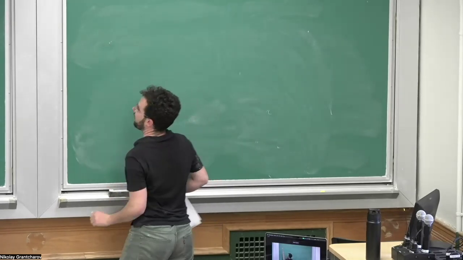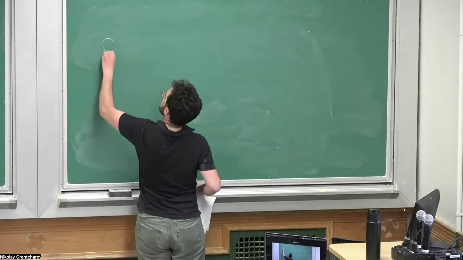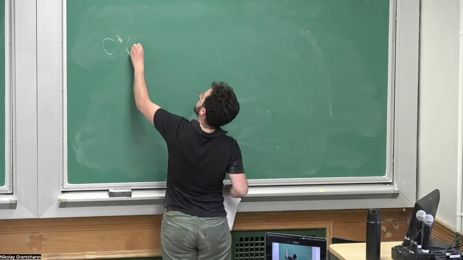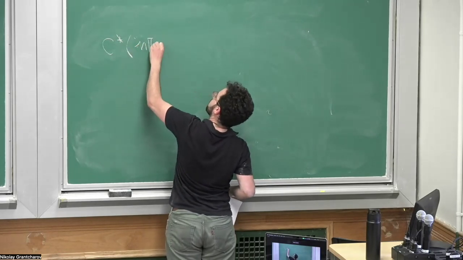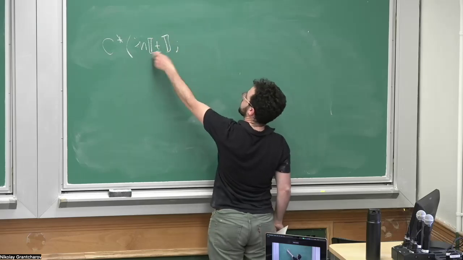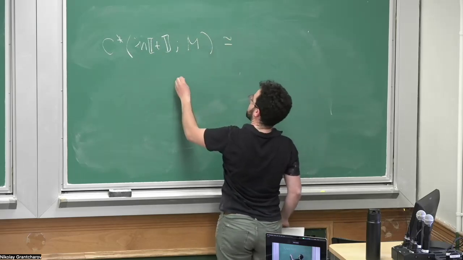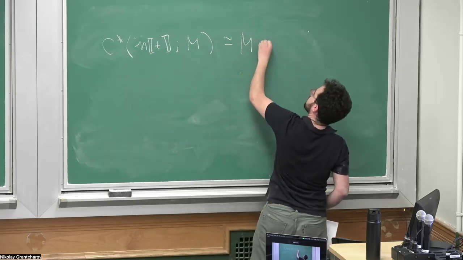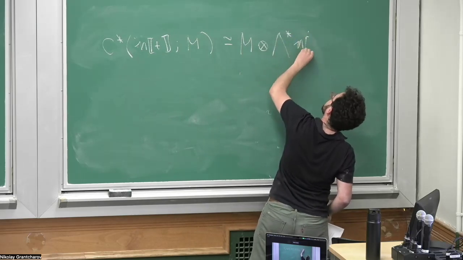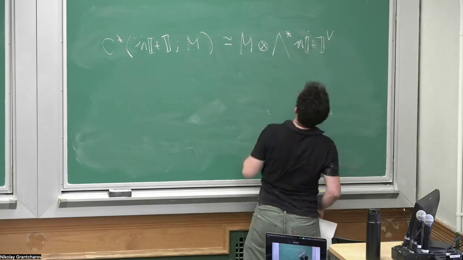First of all, we have here a colimit. The degree 0 element is just the Lie algebra cohomology of n0, with vector space and bracket. This can be computed as the exterior algebra of that.